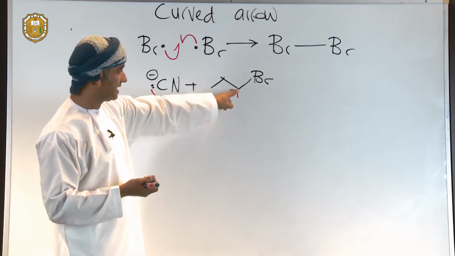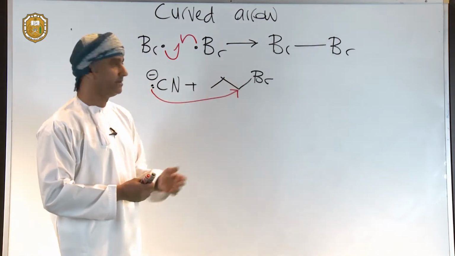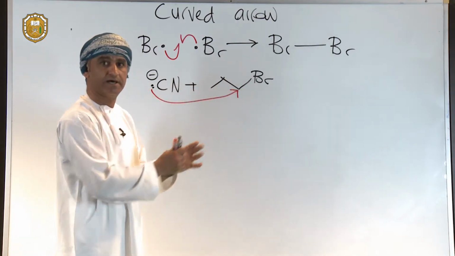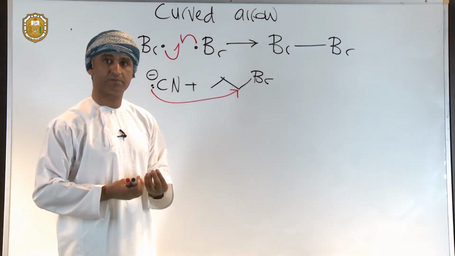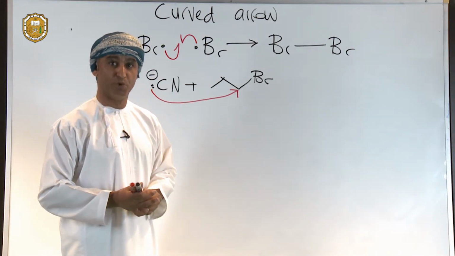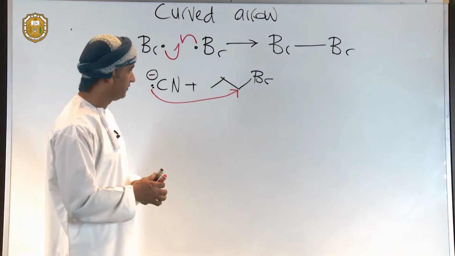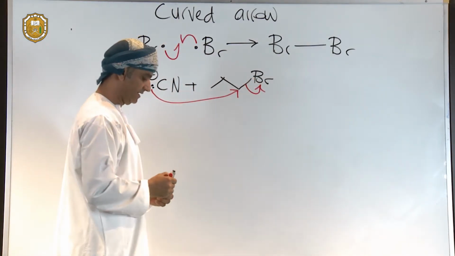They are going to attack that carbon, and at the same time this C-Br bond must break, because carbon now in the alkyl halide has 8 electrons. It obeyed the octet rule. Carbon cannot be surrounded by 10 electrons. It cannot be surrounded by more than 8 electrons, and therefore the C-Br bond must break simultaneously at the same time.